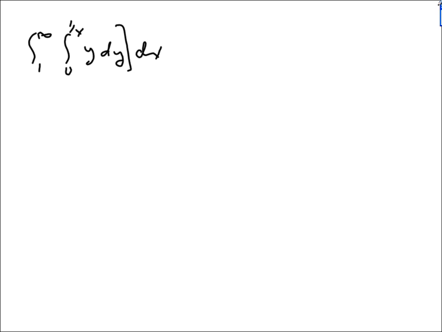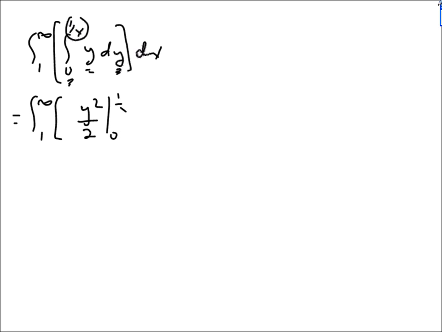So first, we just do that integral. Remember, since that's dy's, these limits are y values. So it's the integral from 1 to infinity of the integral of y dy, which is y squared over 2, from 0 to 1 over x, dx.